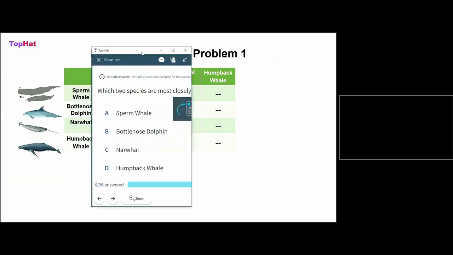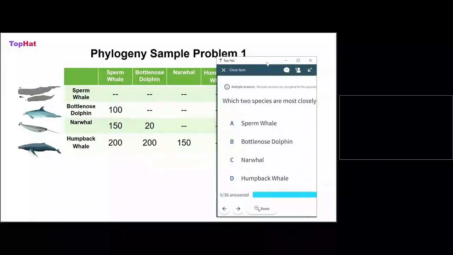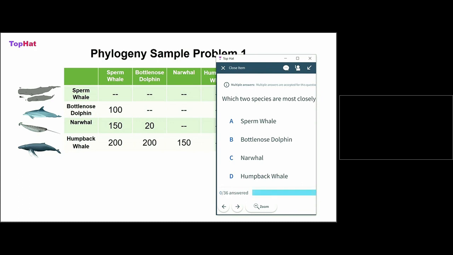If you look at the chart here, which two species do you think are most closely related based on your numbers? So remember, the numbers are calculated by taking the percentage of differences between the sequences in these two organisms.